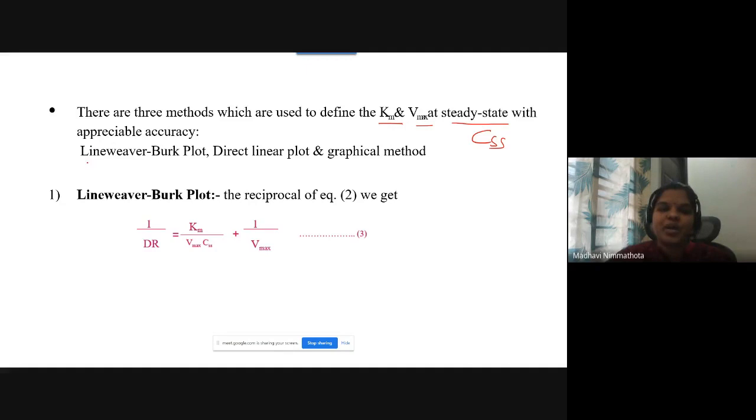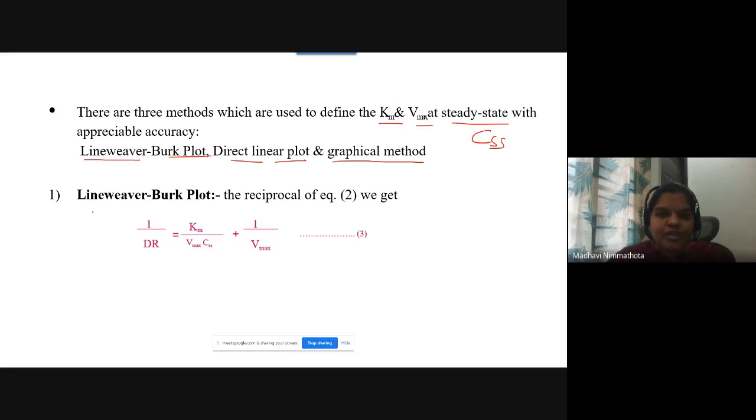The first one is the linear Burke plot, the second one is the direct linear plot, and the third one is the graphical method. So here you are going to describe these three methods which are used to define, calculate, or estimate Km and Vmax at steady state.